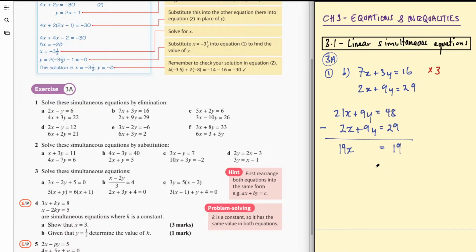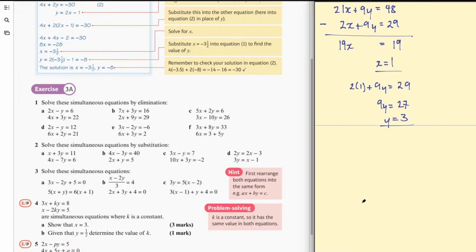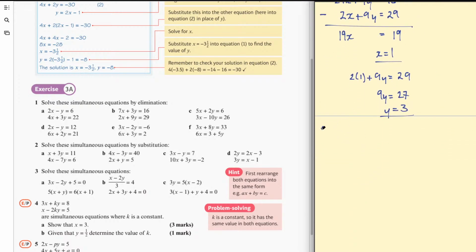So here we get a value for x of 1. That's nice and easy because then we can plug it straight into one of these equations. Let's use this one here. We get 2 times 1 plus 9y equals 29. Then 9y equals 27, and then y equals 3. Pretty good stuff, right?